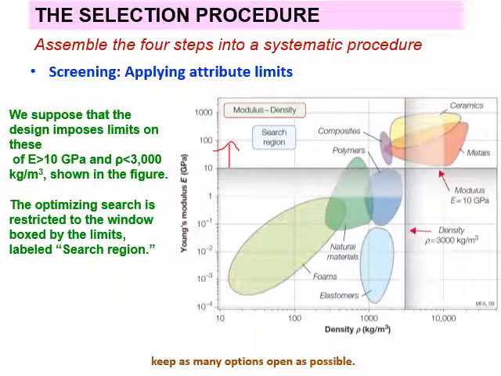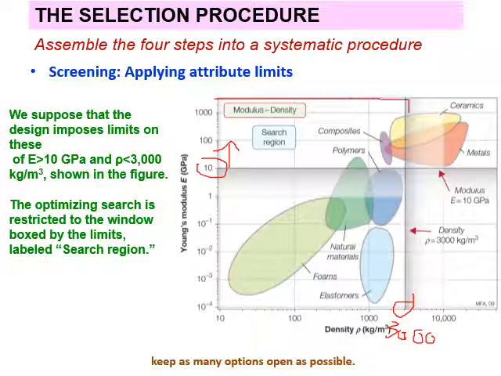This line is 10 gigapascal, and then you need to have the density less than 3000 kilogram per meter cubed. So the optimizing search is restricted to the window box of the limit. So you can select this region for the material.